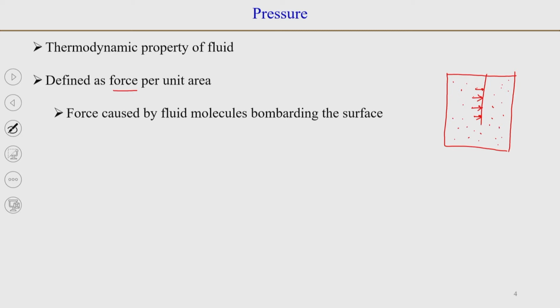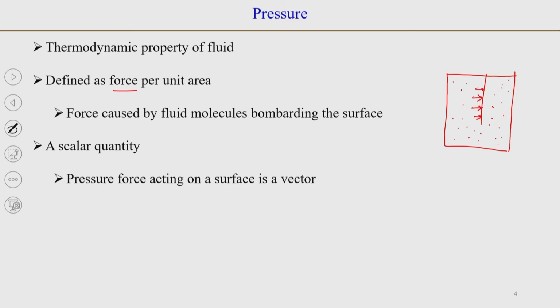Now, this surface that we talk about may be a real surface or an imaginary surface. So, we can say that pressure can be at any point in the fluid, it is not only at the surface, but it is defined with respect to a surface. Now, pressure is a scalar quantity in itself.